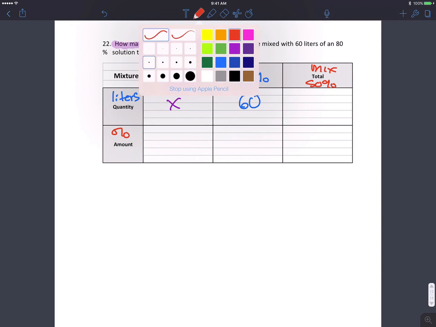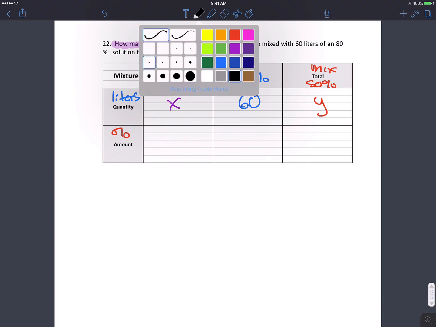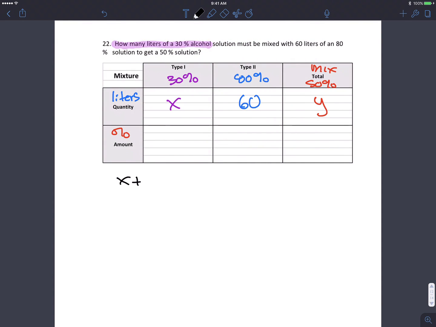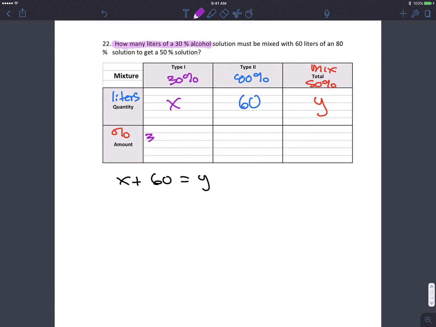If you don't know what x is, the sum we're going to call y. That first equation is x plus 60 is y. Now let's look at the percent here. This is simple now. 30% of x, and then we get 80% of 60.